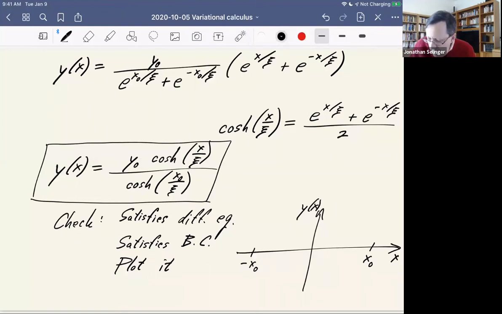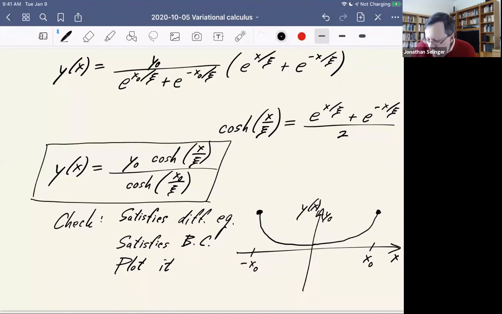If you remember hyperbolic functions, then you would know that the hyperbolic cosine increases like an exponential over here until it reaches y0. And on the negative x side, it increases like an exponential over there until it reaches y0. So this is the shape.